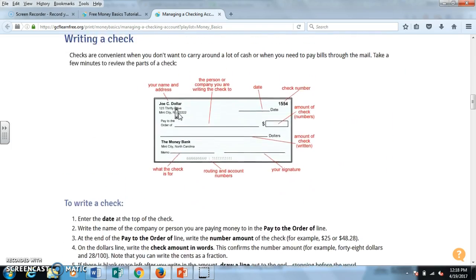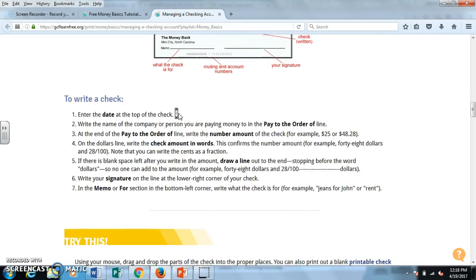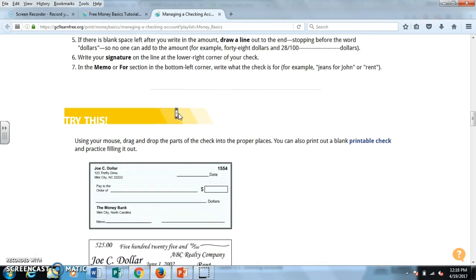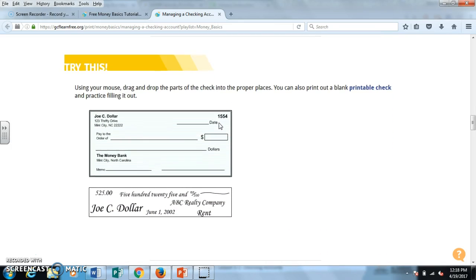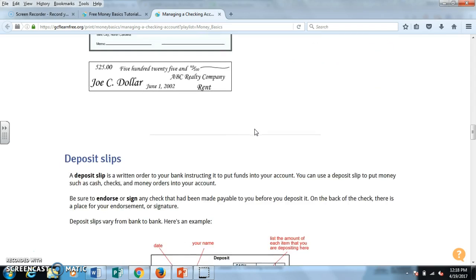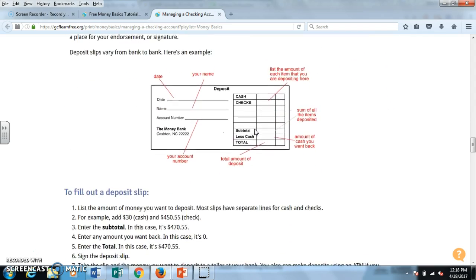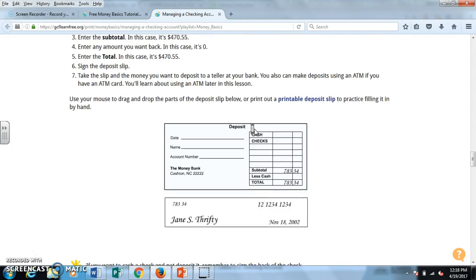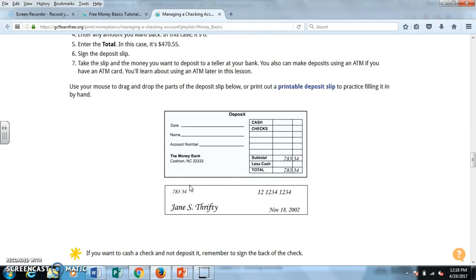So what I'd like for you to do today is read through this and highlight what you believe is important. There's some things that you can try as well. There's a check for you that you can fill out. It has the information. You can fill it in on that check, just more practice. There's also some deposit slips that you can practice inputting your information to as well.